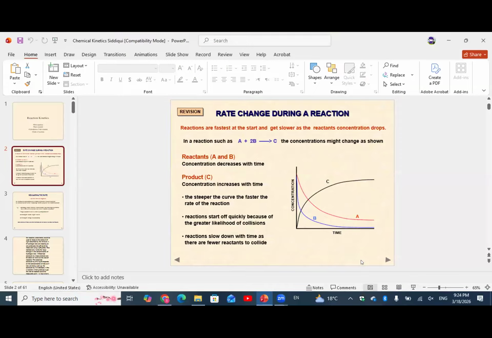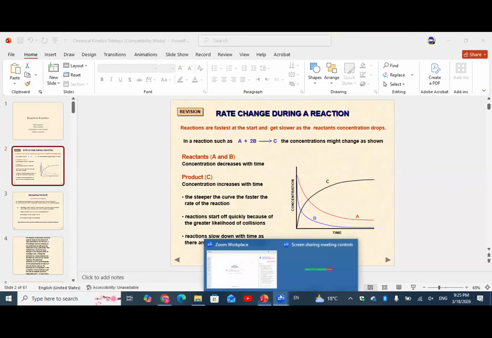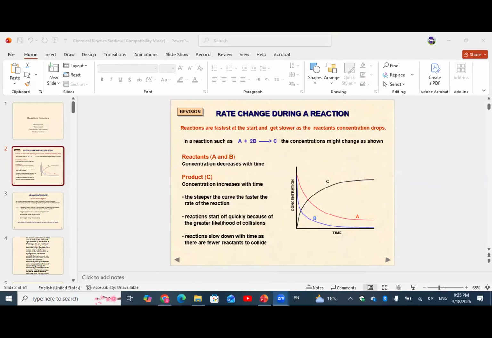So now I am going to stop sharing from here. That's about it. And I am going to leave as well because this is what I wanted to teach you from the graph.